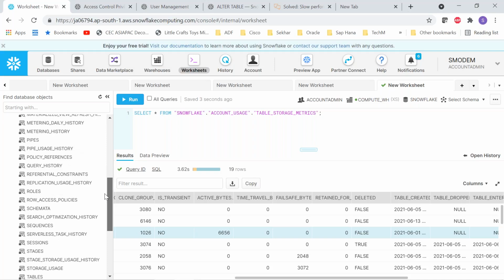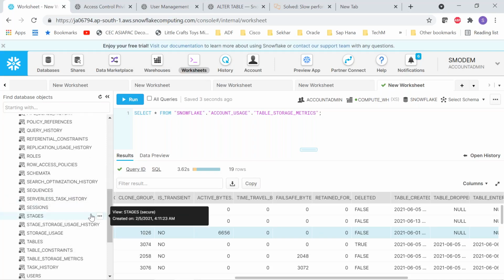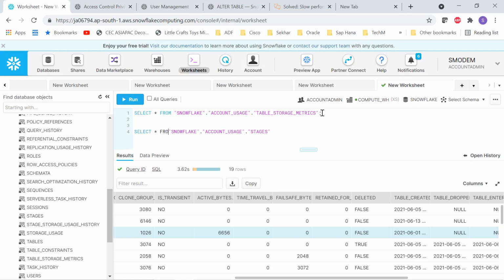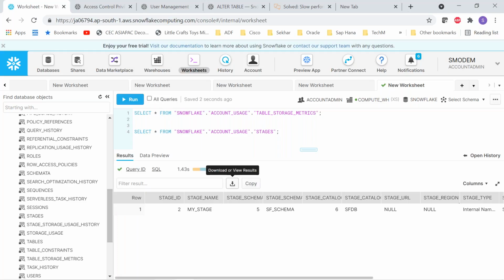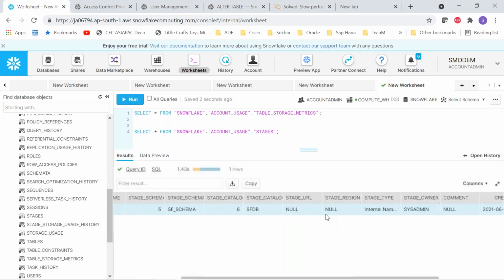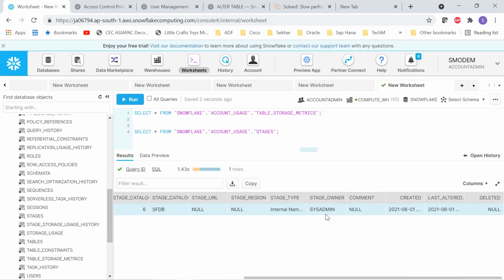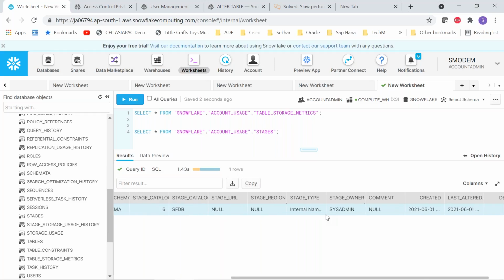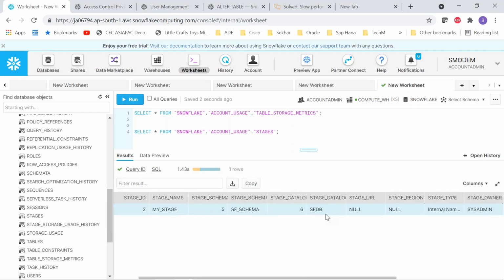And query history, one second. Stages, my stage, and then what is the stage region? What else do we have? There is somewhere it stores the bytes of that stage as well. I forgot to tell you.